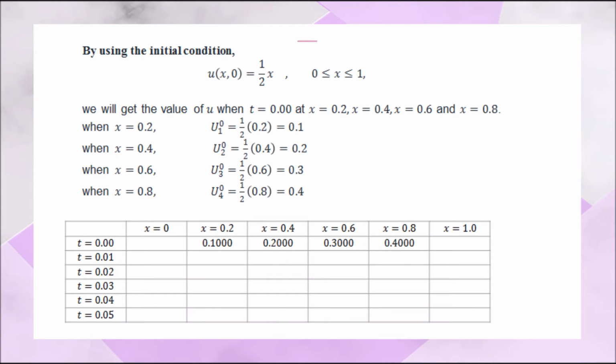To calculate the points highlighted in pink, we just substitute using the initial condition. So, we set t equal to 0 since it's the initial condition, followed by x from 0.2 until 0.8. We will get the values as displayed and we just insert them into the table.